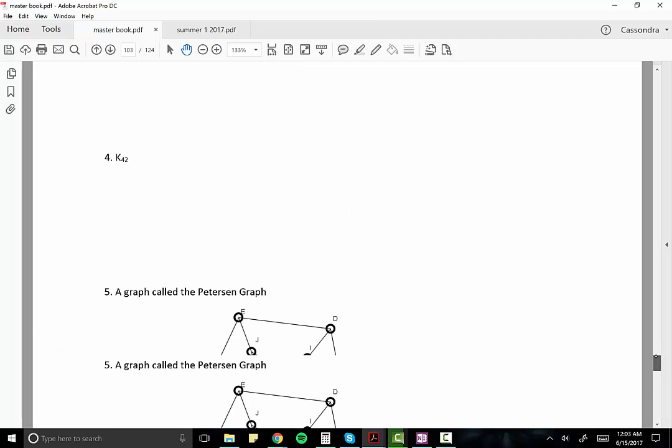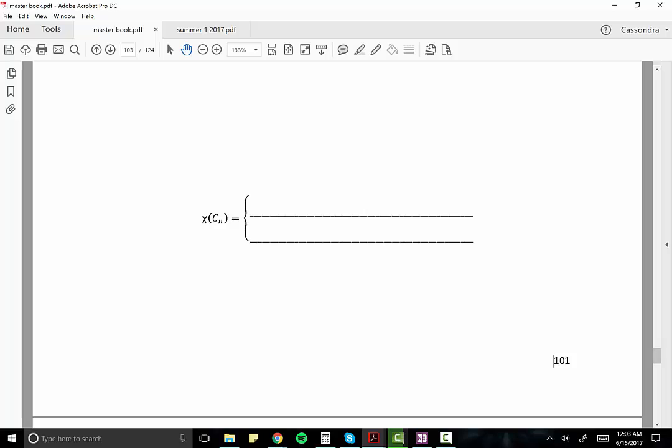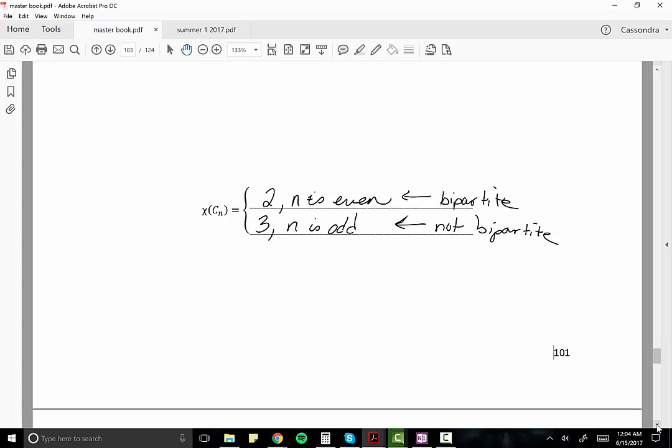So the rule here is that the chi of Cn is 2 when n is even, the chi of Cn is 3 when n is odd. Okay? Remember, odd cycles are not bipartite, even cycles are bipartite, which means it can be split up into two groups.